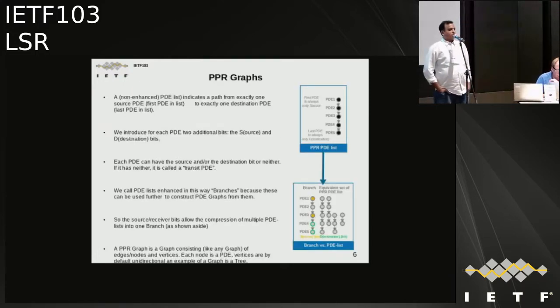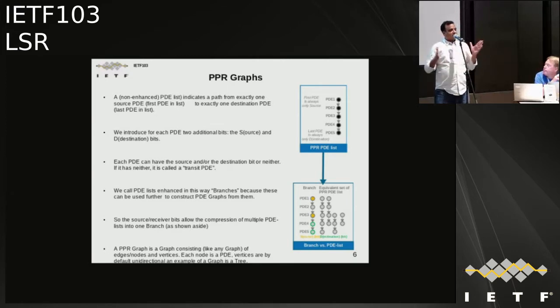So basically what we're doing in this, instead of a linear path, we call this a branch. So we introduce 2 bits. One is source and destination. So for example, PDE1 is the source, ingress PE. PDE5 is the egress PE. If you are crafting a path, PDE1, PDE2, you describe the path. But if you just add 2 bits, for example, PDE1 is a source. In the figure, PDE3 is source 2, and the green ones are the destinations.